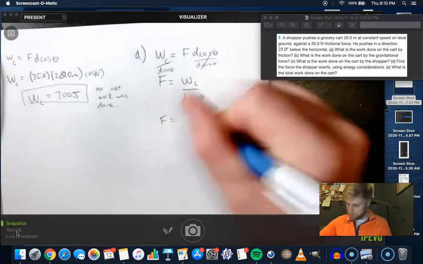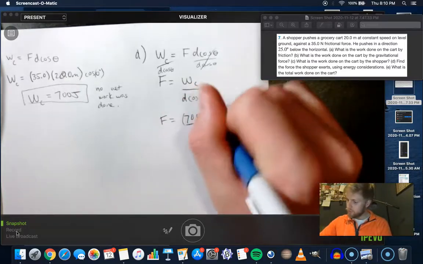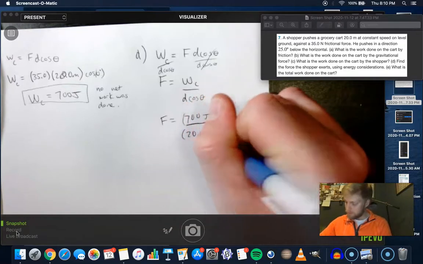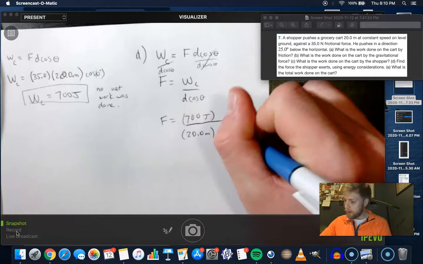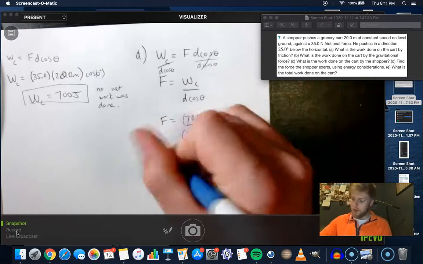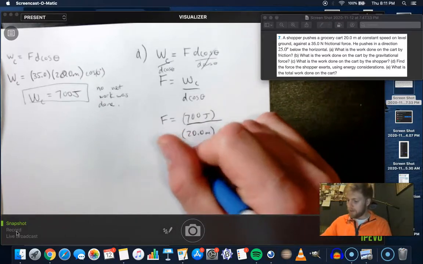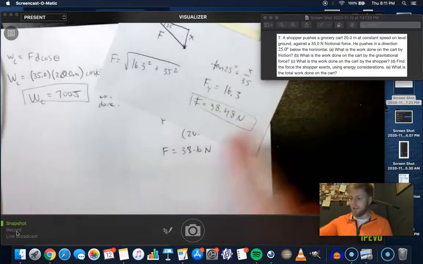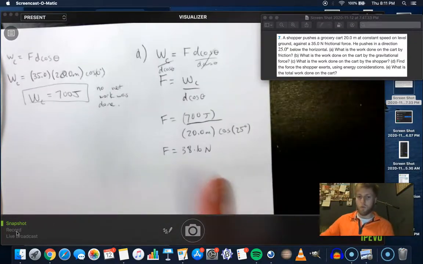Plugging all of that in, we get 700 joules divided by 20.0 meters times cos of 25 degrees. And I'll save you the hassle of a calculator. You end up with 38.6 newtons. This time we didn't round, but these are the same answer, right? We got the same answer, one using forces and one using this work equation.